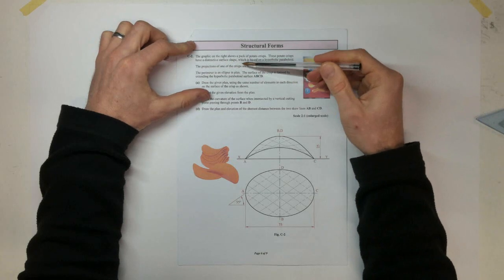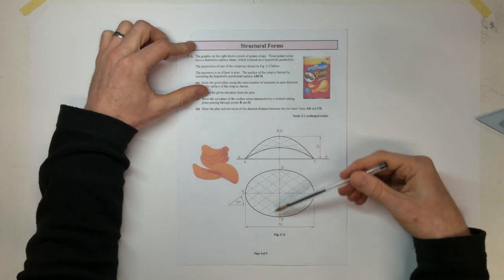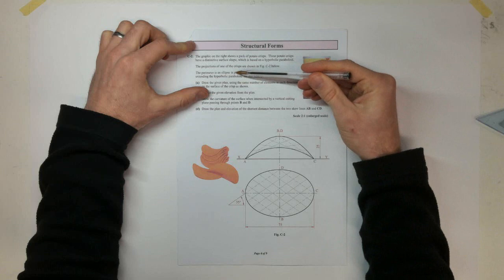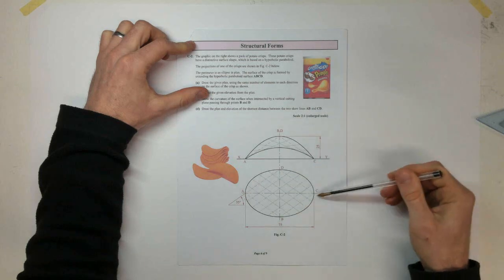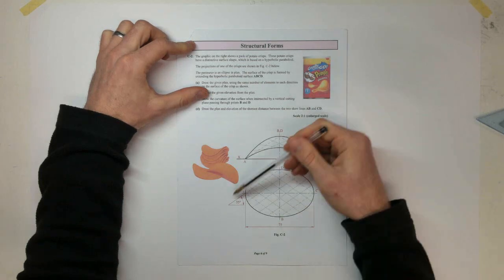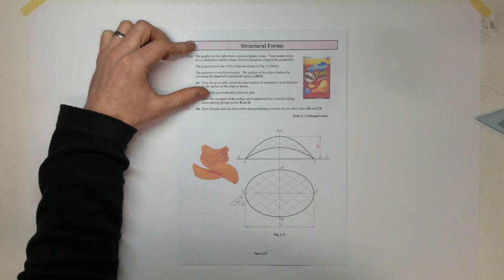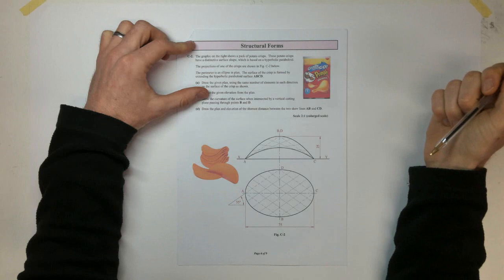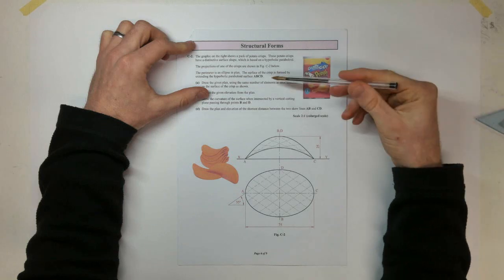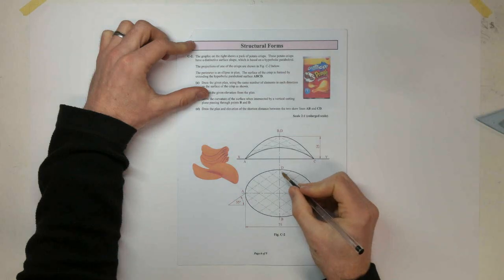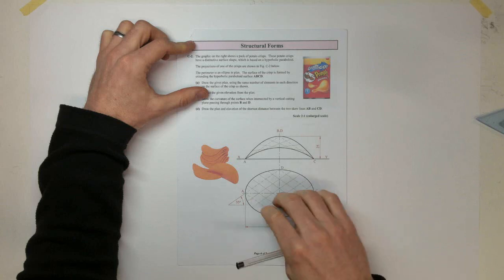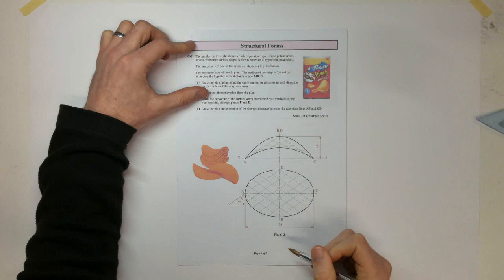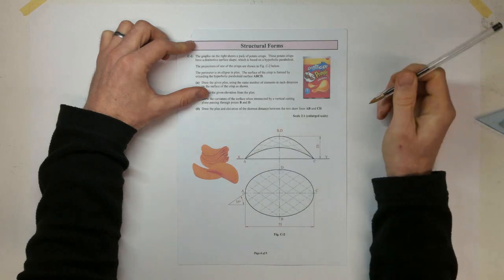The projections of one of the crisps are shown in C2 below, so we have our plan and elevation here of our crisps. The perimeter is an ellipse in plan, so A, B, C, D, the perimeter there is an ellipse. The surface of the crisp is formed by extending the hyperbolic paraboloid surface A, B, C, D. So when we have our surface here, we extend on, we'll find points there on our elliptical shape, plan and elevation.